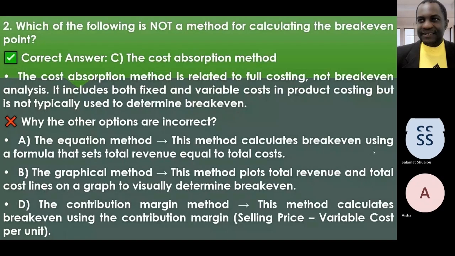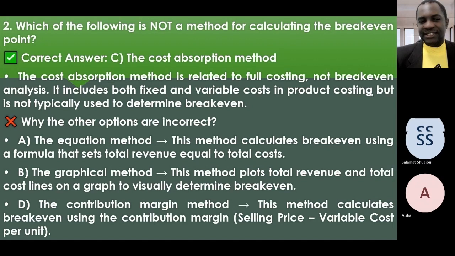Number 2. Which of the following is not a method for calculating break-even? Exactly. She guessed, and her guess was wrong. Salmat was following the class, because we really spoke to those 3 methods. The equation method looks at where total revenue equals total cost.